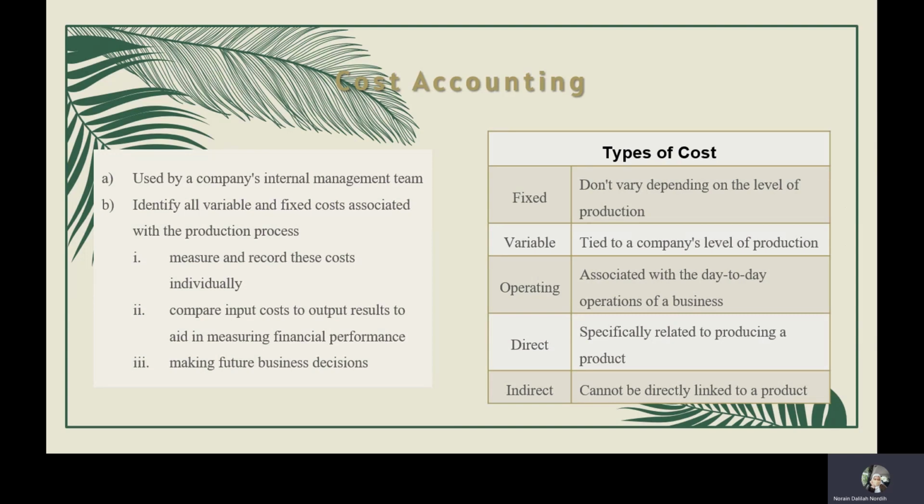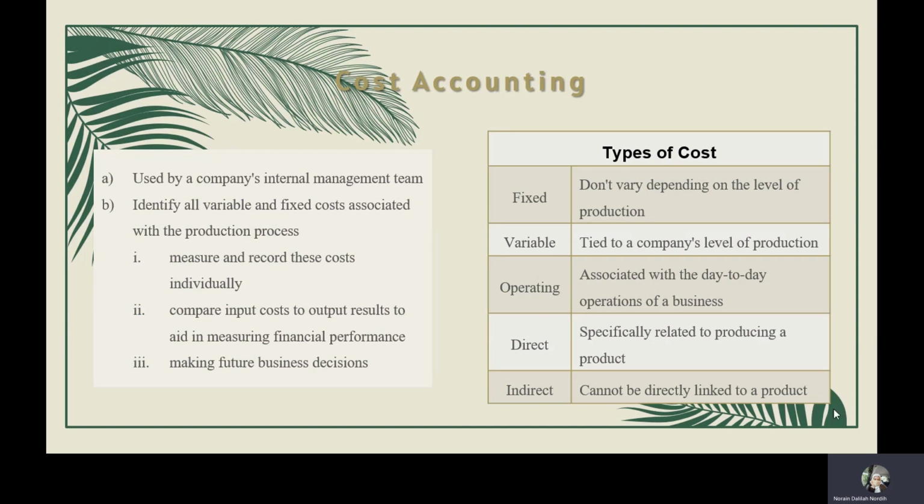For your information, CA has 5 types of costs. The first one is fixed costs. Fixed costs don't vary depending on the level of production. As an example, it's usually things like the mortgage or lease payment on a building or a piece of equipment that is depreciated at a fixed monthly rate. The second is variable cost.